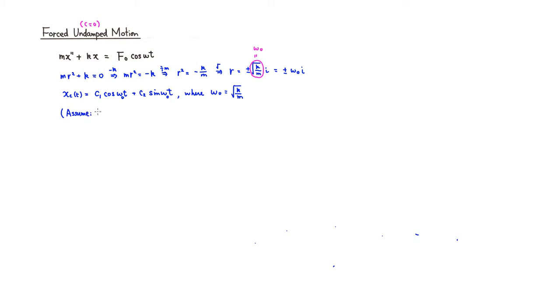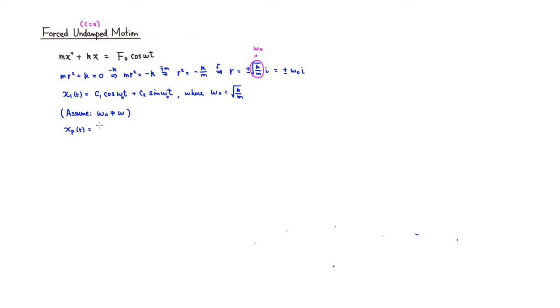Alright, so the particular solution can be expressed as x_p is equal to, right hand side is cosine of omega t, so you consider all the derivatives, so it's a cosine of omega t and a sine of omega t.